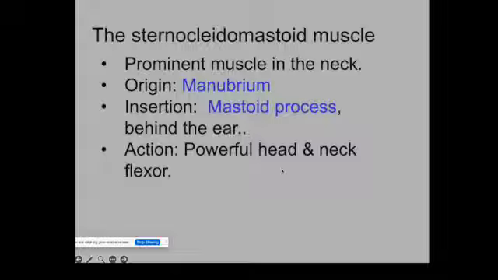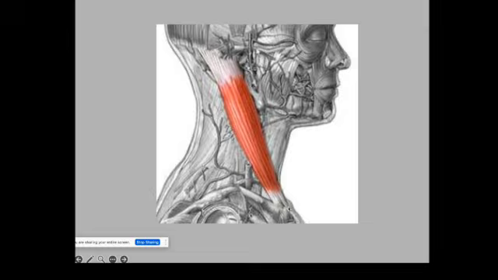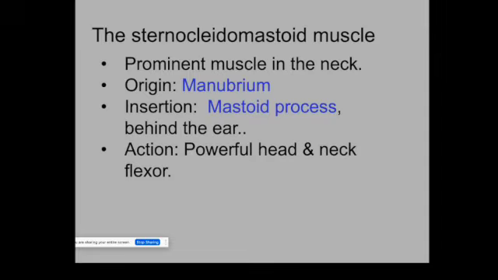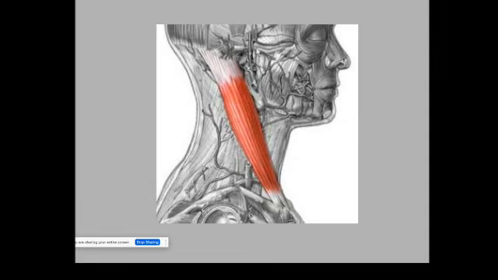And we're told the action is a powerful head and neck flexor. So the origin is on the manubrium, and the insertion is right there, and it's called the mastoid process. If you look at the bone, we've got a thing that sticks out in our skull called a mastoid process, and that's the insertion.